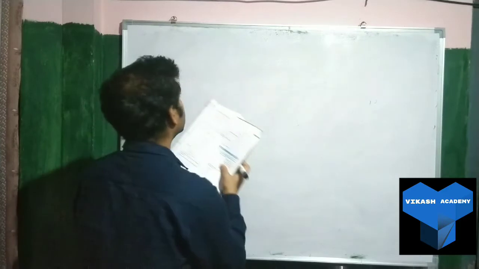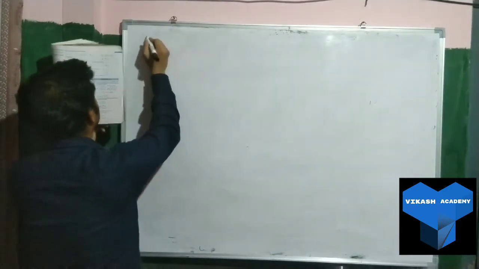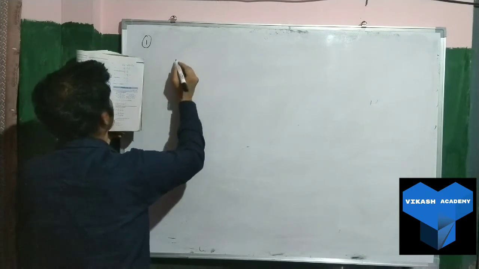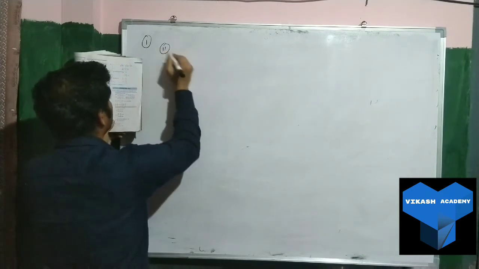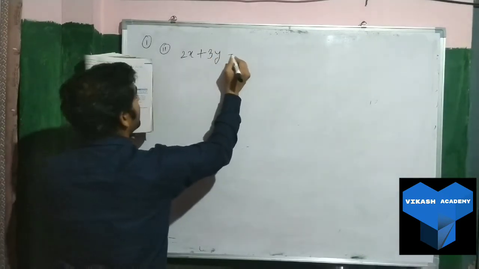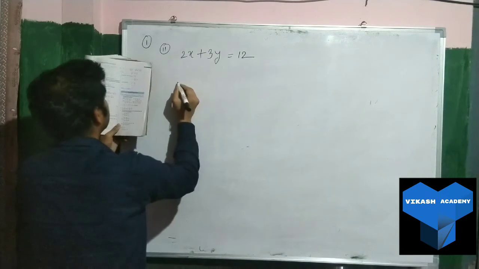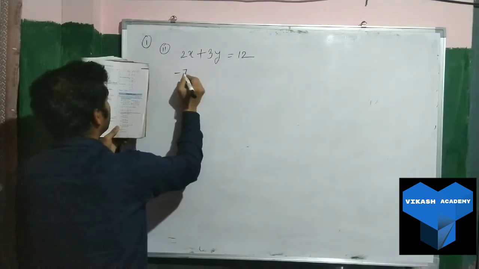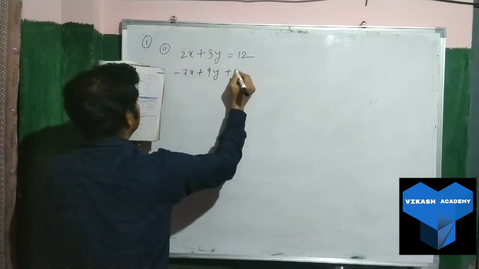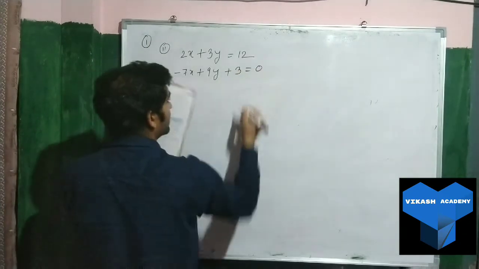Let us take question number 1, subdivision 2. We have 2x plus 3y equal to 12, then minus 7x plus 9y plus 3 equal to 0.